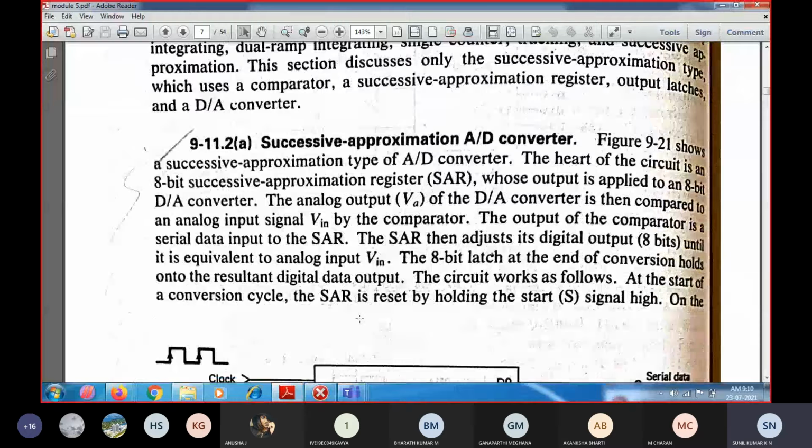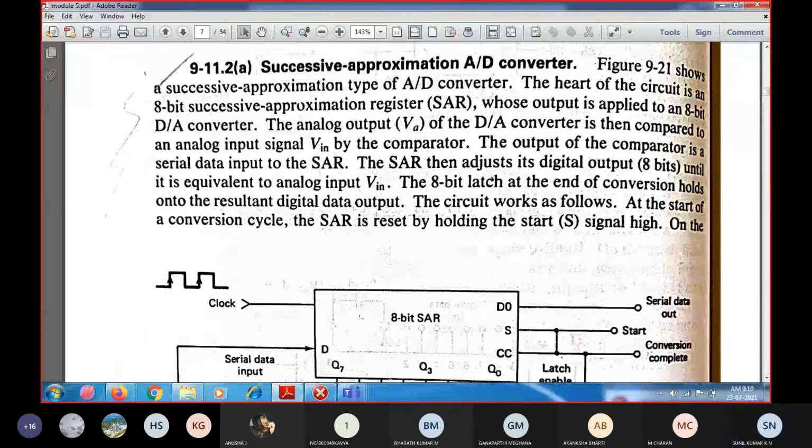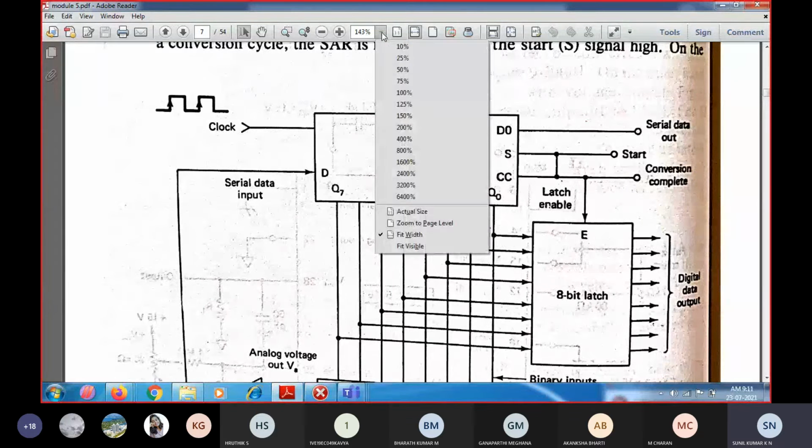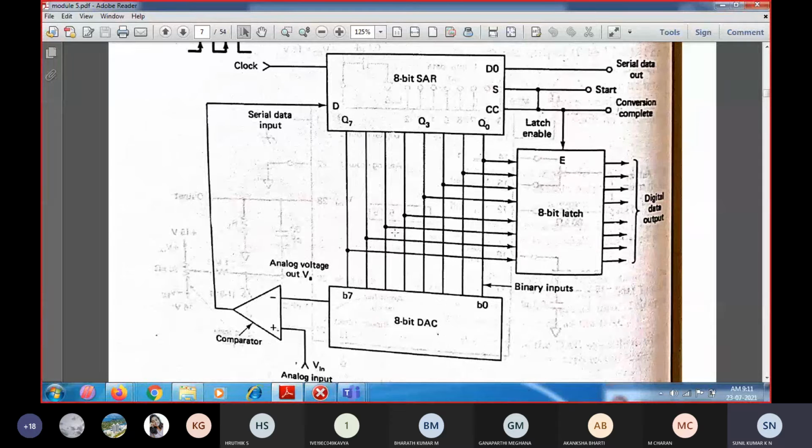Then we studied the successive approximation register type of ADC, in which we compare the unknown analog input voltage with a known digital to analog converter output. Four main components are required in this architecture. One is the comparator.